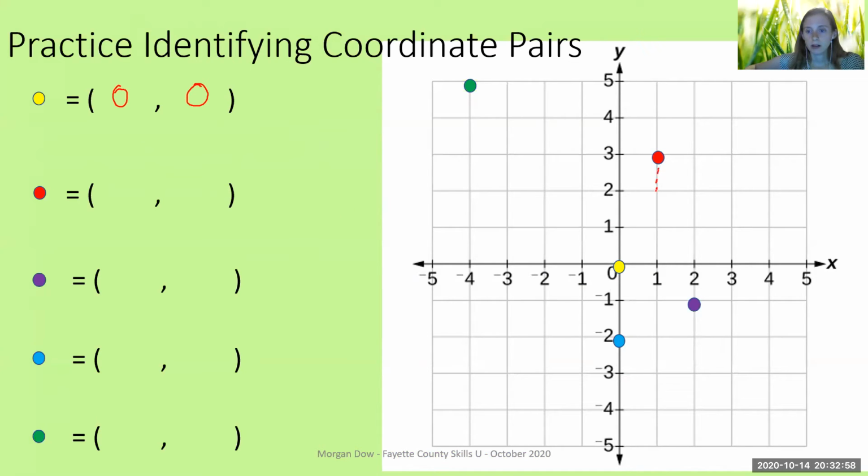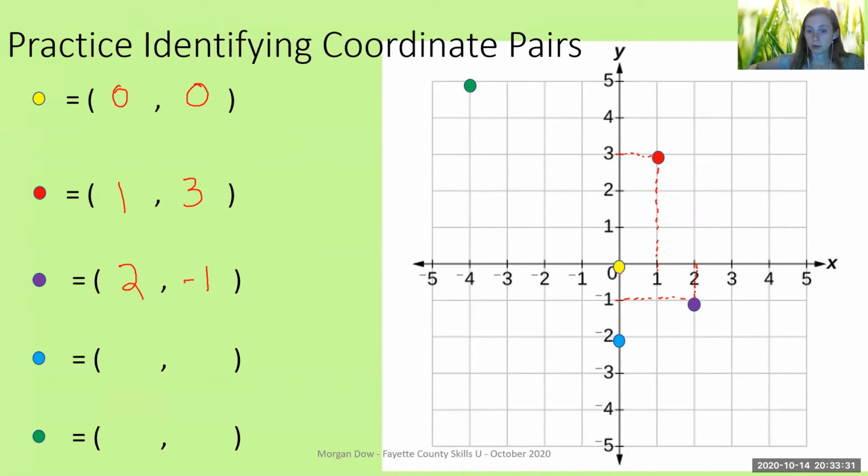The red point is lined up with 1 on the x-axis, and it's lined up with 3 on the y-axis. So that red point is located at (1, 3). And next we have this purple point. The purple point is lined up with 2 on the x-axis and -1 on the y-axis. So it's at (2, -1).